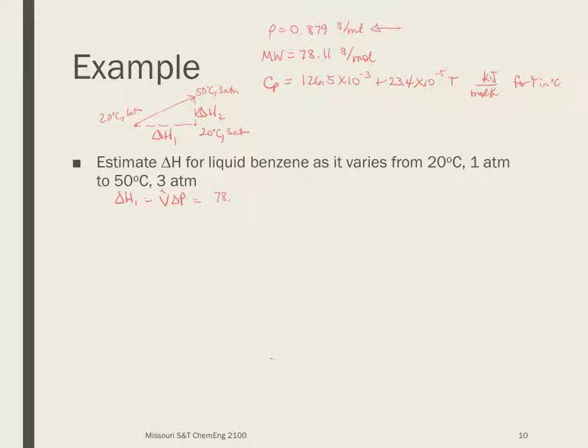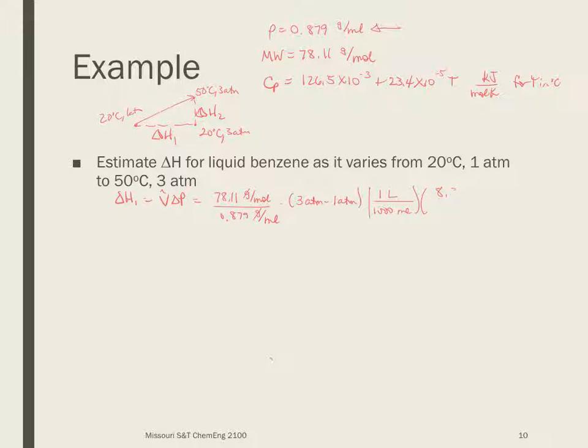So 78.11 grams per mole divided by 0.879 grams per milliliter will give me units of milliliter per mole. And then I'm going to multiply times the pressure change, in this case 3 atmospheres minus 1 atmosphere, final minus initial. Next, I need to work on my units. 1 liter is 1,000 milliliters.